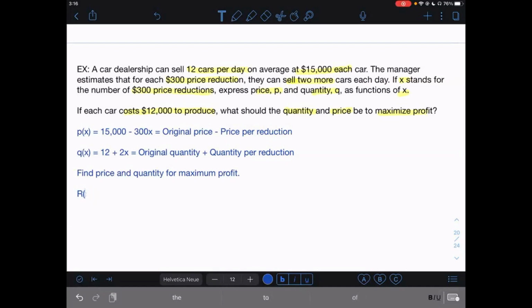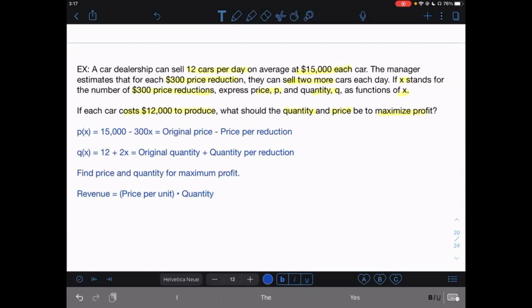Okay, or let's rewrite this, do a little review. So recall from the last section that we did. In the last example, 3.3, we did a little bit of maximizing revenue. And recall the revenue is defined as price per unit multiplied by quantity.